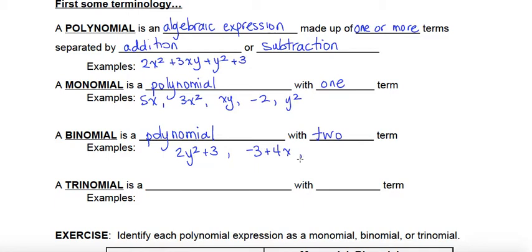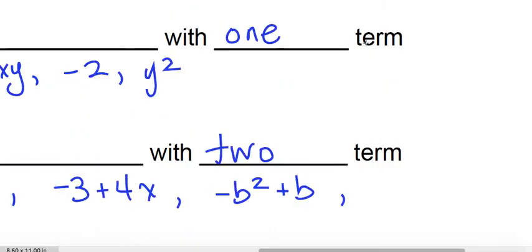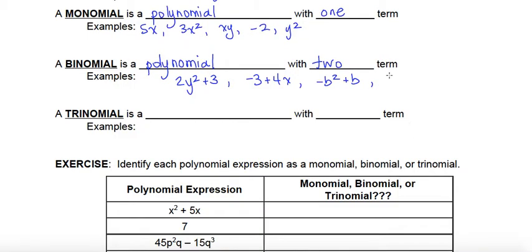You could even have one that has the same letter, like -b squared plus b. Each of these has two terms separated by an addition sign. You could also have ones that are separated by a subtraction sign, like x squared take away 4. So a binomial is a polynomial with two terms.